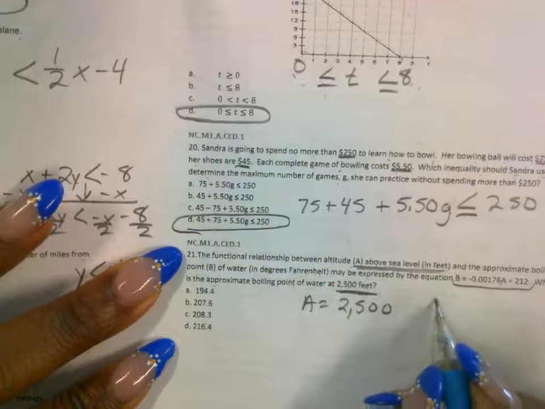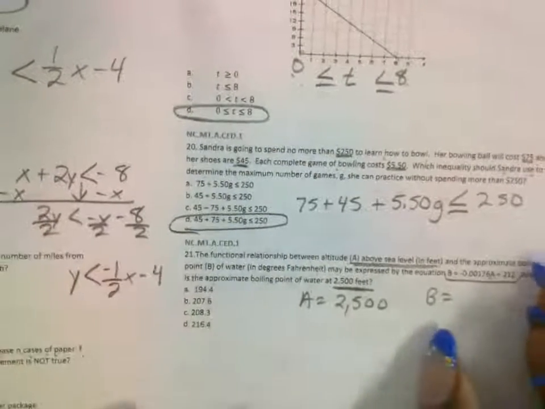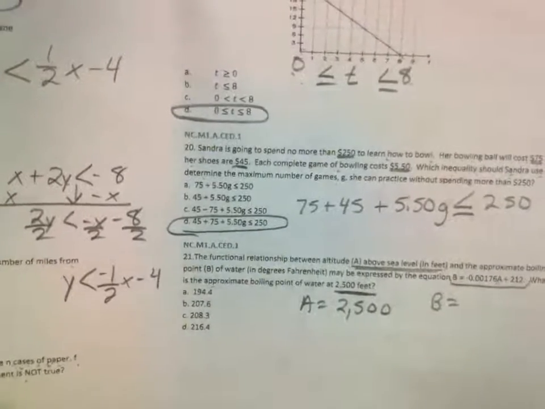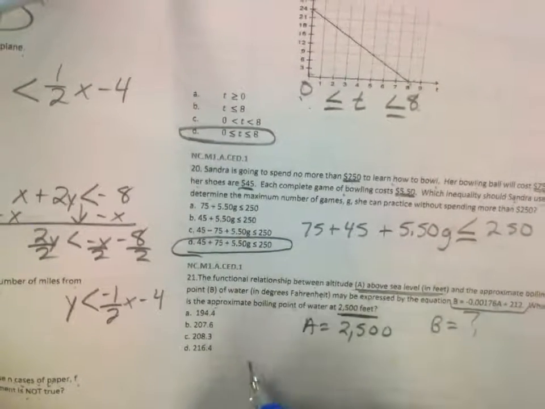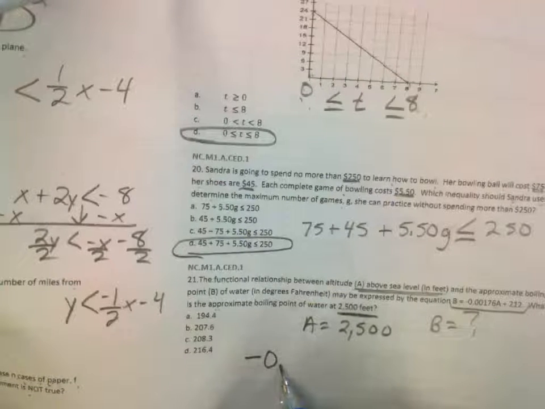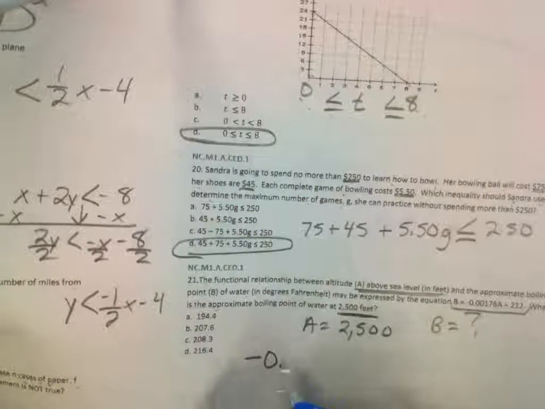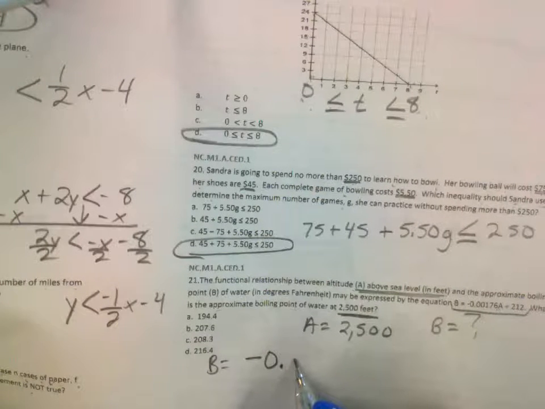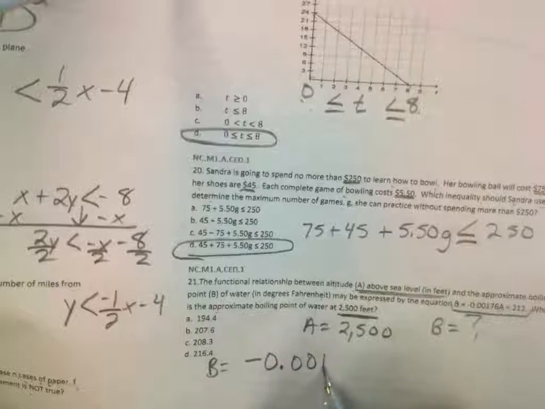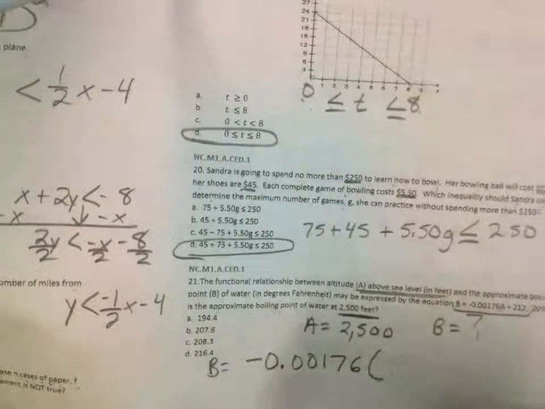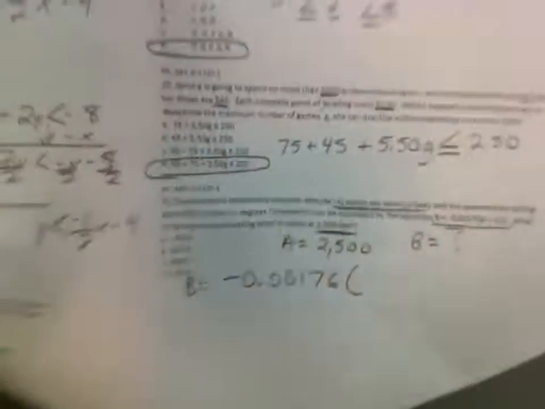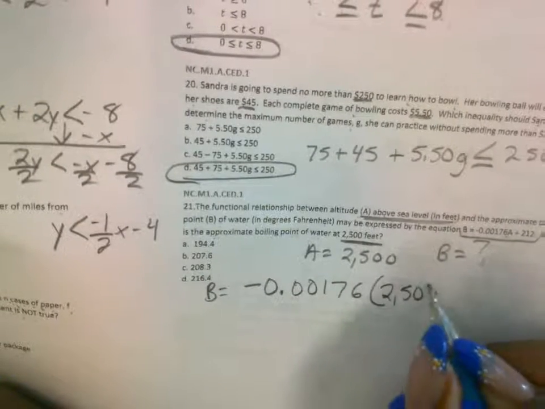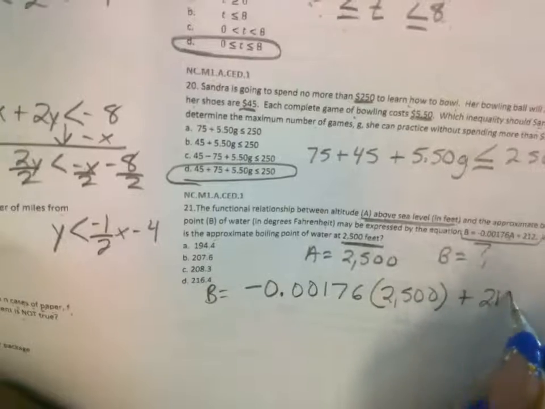And what we're looking for is what B is going to be. We're looking for the Fahrenheit degrees of boiling water. So to figure that out, B is equal to negative 0.00176 times, and I'm going to substitute the 2,500, and then plus 212.